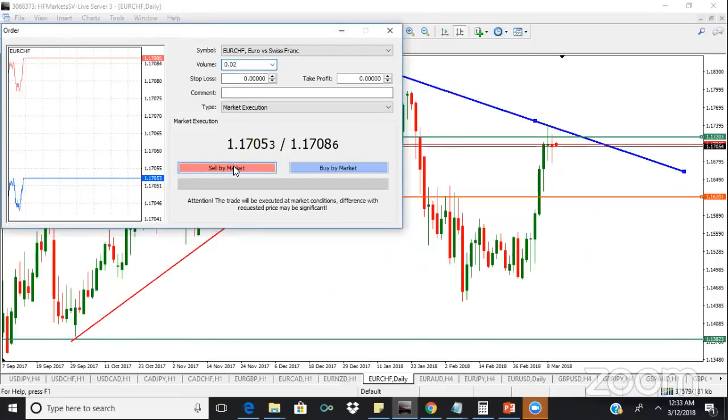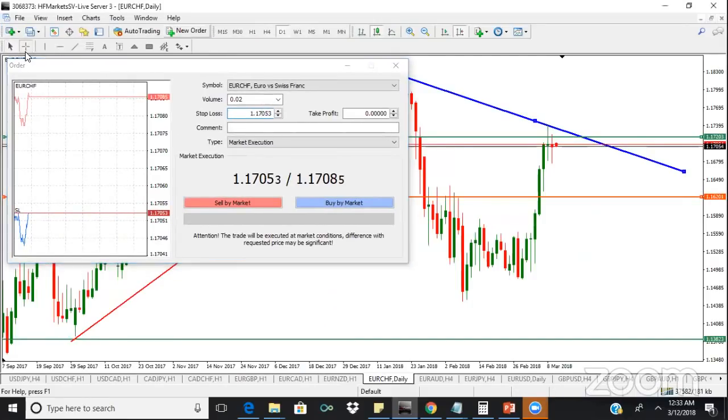My stop loss is 1.1749. My first take profit is 1.1654.